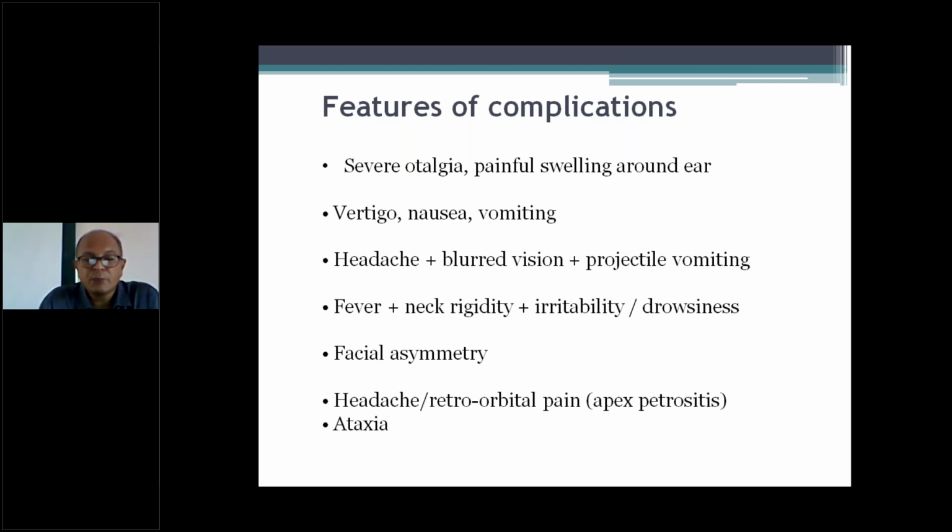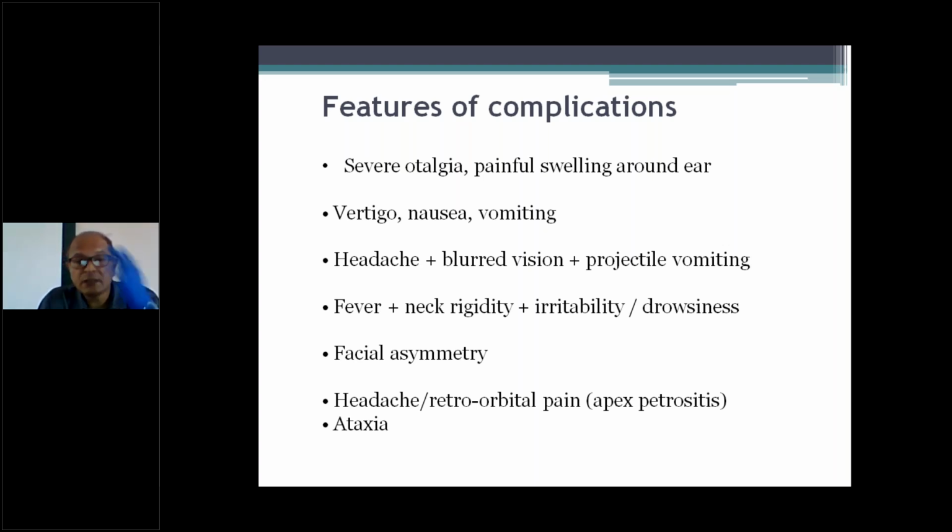Very important: when a patient comes to you with a cholesteatoma, you should ask all these leading questions and also try to elicit signs clinically. For vertigo, you can do a fistula test by simply pressing the tragus and releasing it.